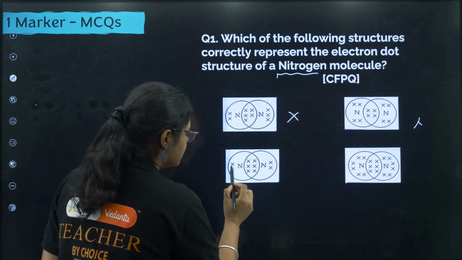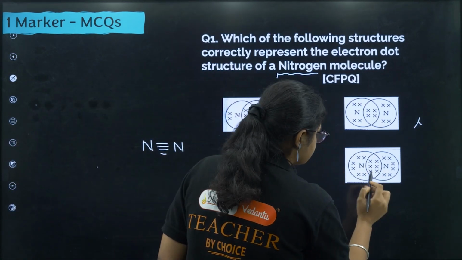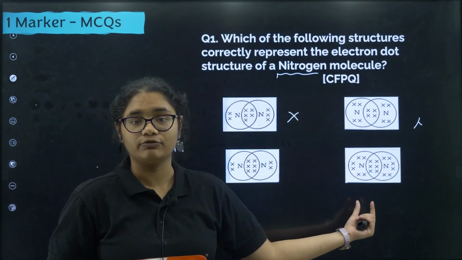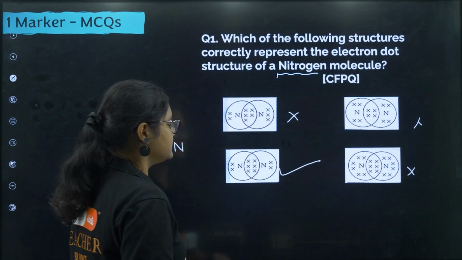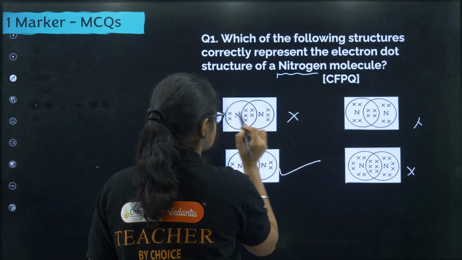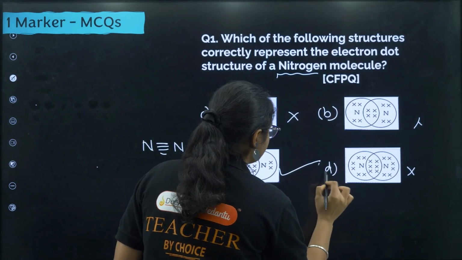Now if you see 6, 7, 8, 6, 7, 8, yes, this can be the answer. Here 6, 7, 8, 9, 10, 11, 12, nitrogen is having 12 electrons here. So that is why this will not be the answer, and the correct answer is option number A. These are the options A, B, C and D.